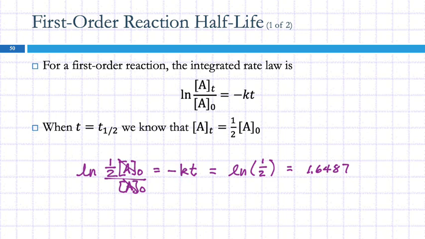The time here, I should really label, is t 1/2. So we could solve that for t 1/2. So the half-life is equal to the natural log of 1/2 divided by k, and we're going to have a negative sign.